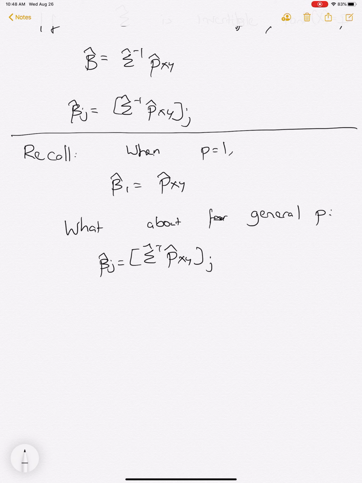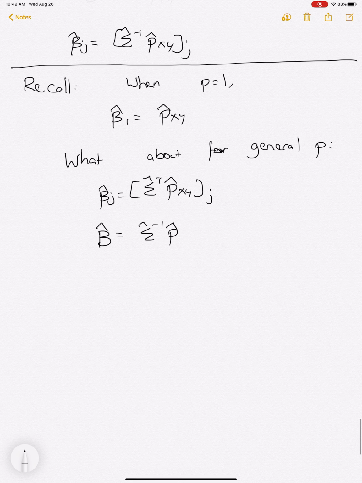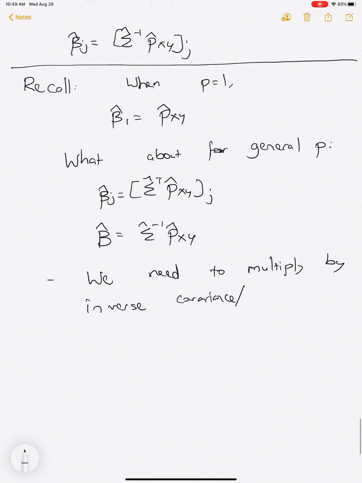Another way to say this is that our b hat vector is sigma hat inverse times rho hat, so we need to multiply by the inverse covariance or correlation matrix.